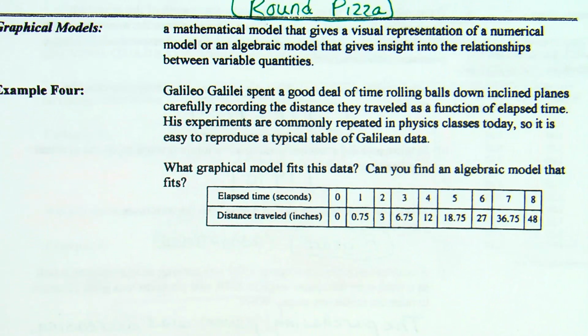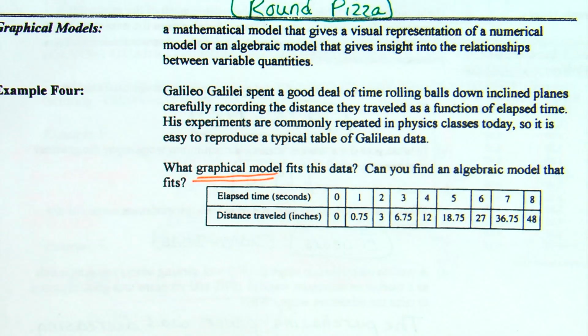Now, the question on this one is what graphical model fits this data? Once we look at the graph, we'll talk about what algebra equation or model represents that. Now, you still have your calculators there, right?